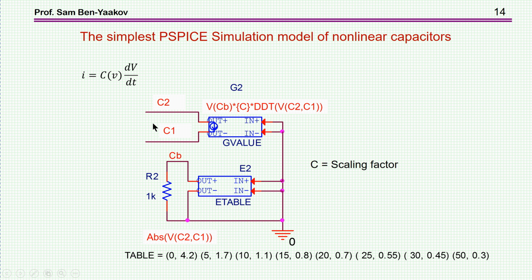So there is a voltage here. This is the X value, the absolute value of this voltage, and it looks up this table and produces at this output this Y value. Say for 10 volts, C sub B will be 1.1. So here we can store the capacitance behavior of a power MOSFET, the output capacitance, as a function of voltage.